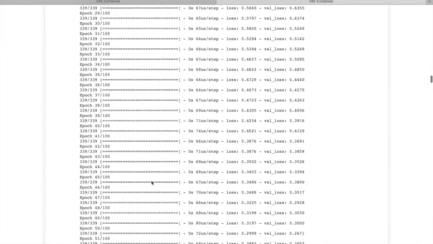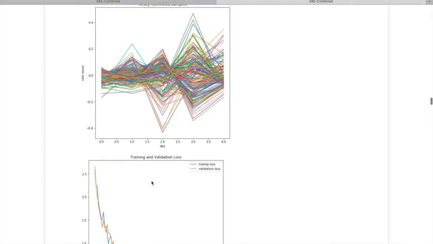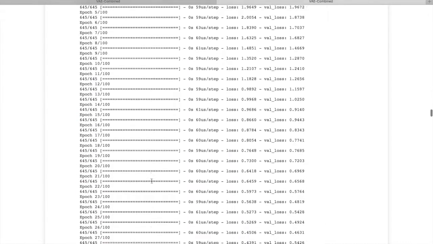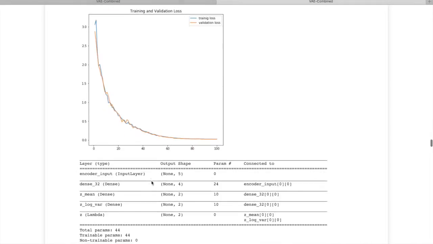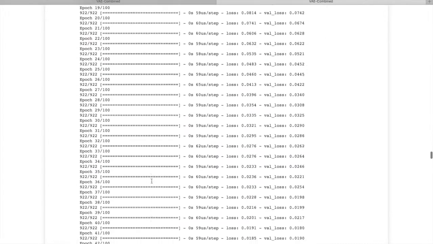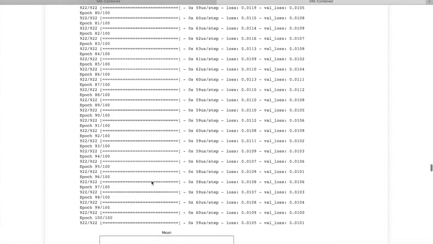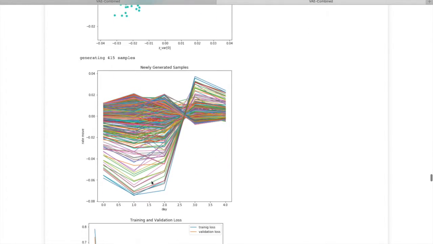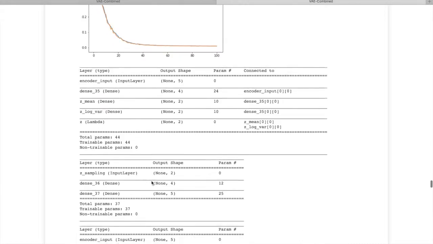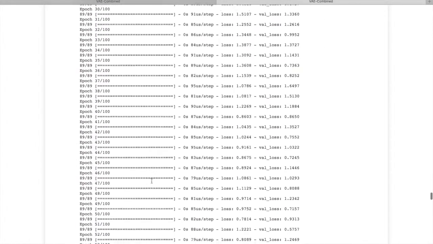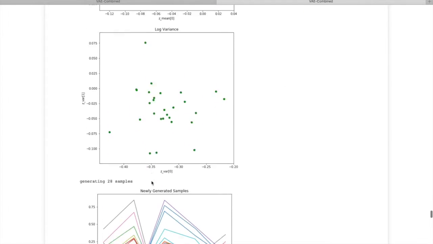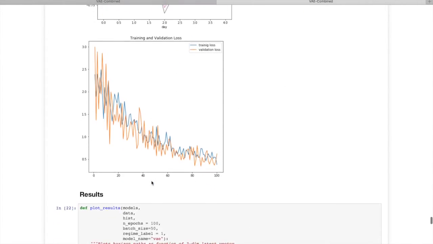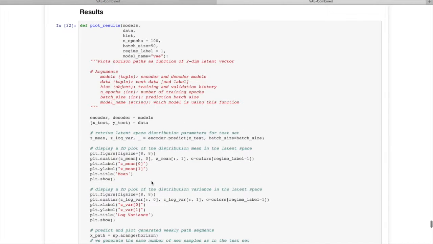So let's quickly scroll through the other results. The function plot results serves a dual purpose.